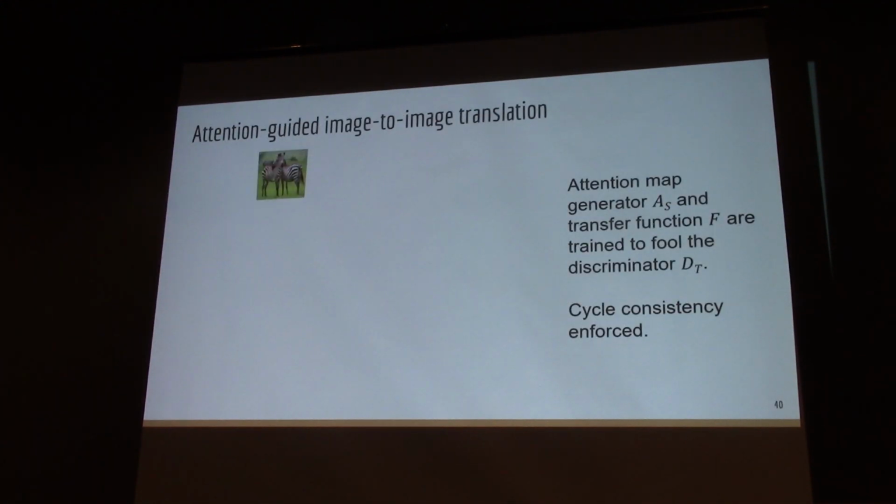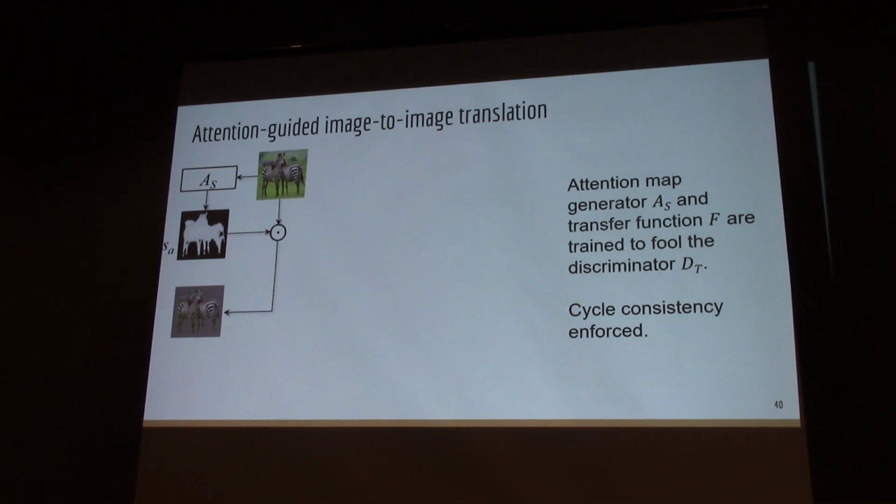So here's our input image, and this is going to be fed into our generator A_S, which is going to spit out an attention map, and it's going to look something like this. This is S_A. Okay, and then I'm going to take the element-wise product of this with the original image, and that's going to produce what I think is the foreground component.